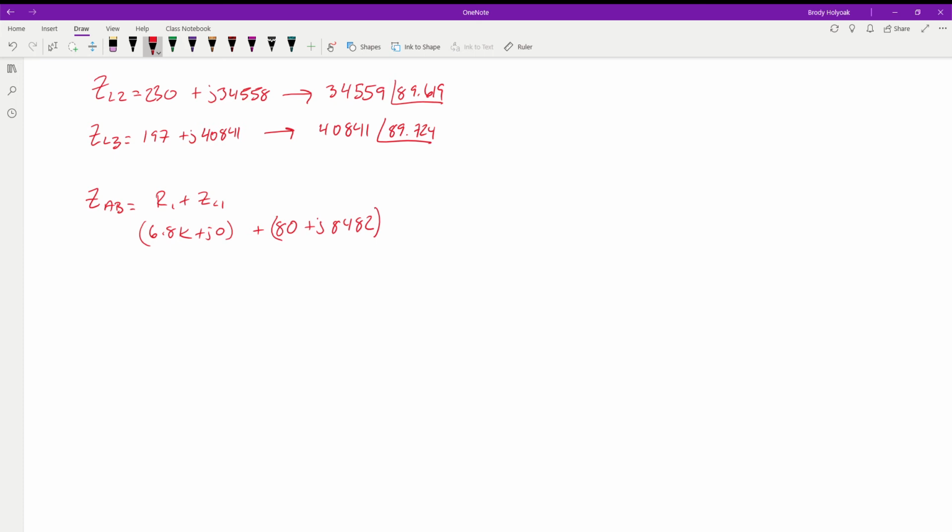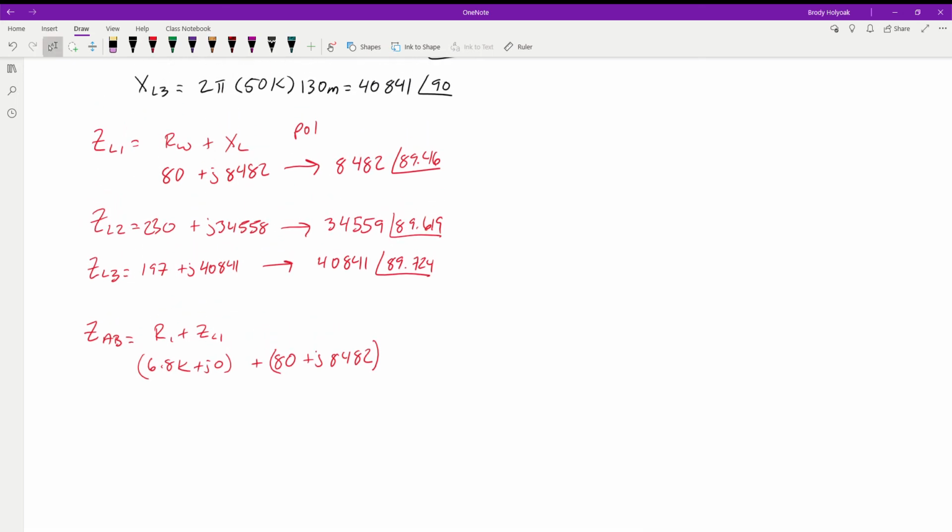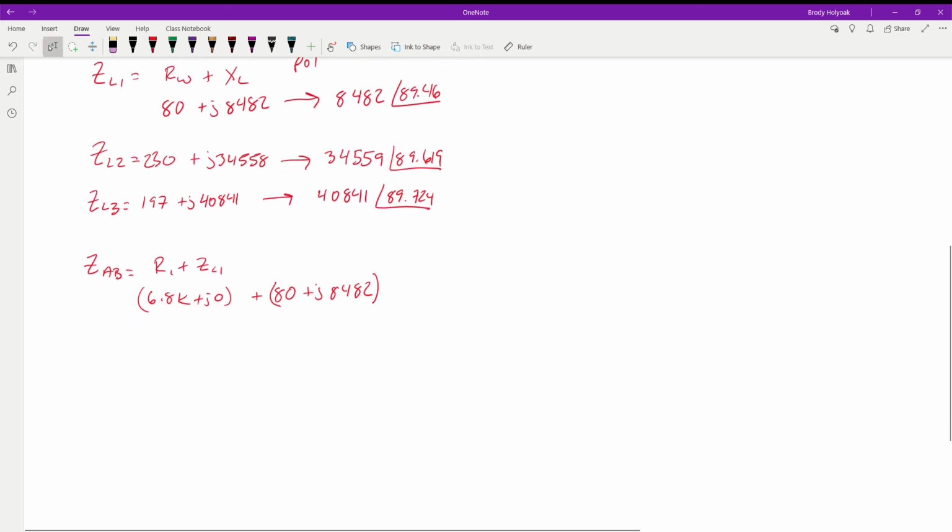That's the total impedance that we found for L1 earlier in its rectangular form. We're going to need them in both, so at least on these impedances, it's easy to go back and forth and have both in rectangular and polar notation as we keep going. So we end up with our impedance for A to B equal to 6880 plus J of 8482.